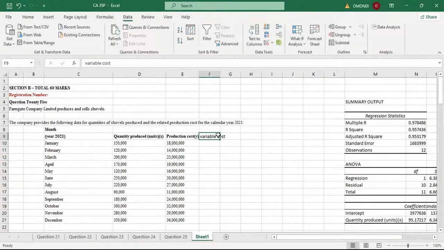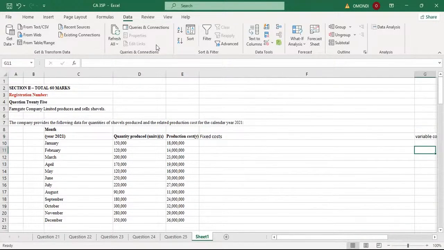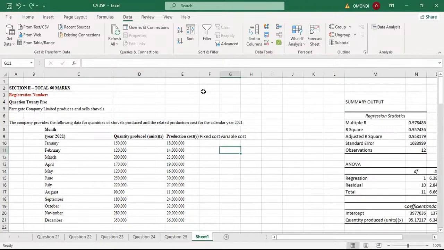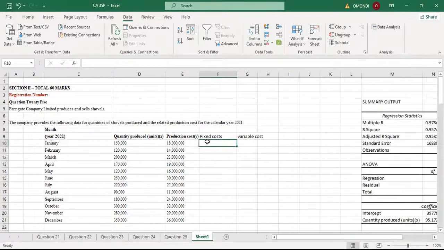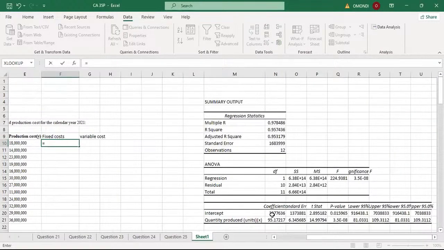Before I get to variable, I need to have my fixed costs here. How do I get these fixed costs? The fixed cost is equal to the value which I got here, that is the intercept, and I must fully lock it.